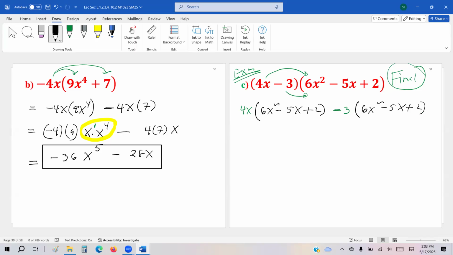So it becomes the same as this one. And then you distribute more. 4x with 6x squared. You have -5x, so you do 5x times 4x. You have 2 with the 4x.